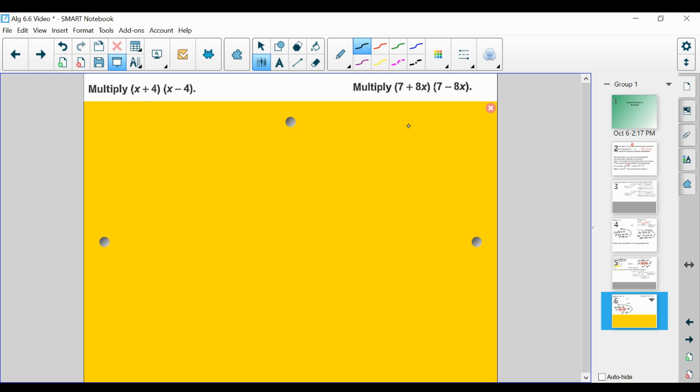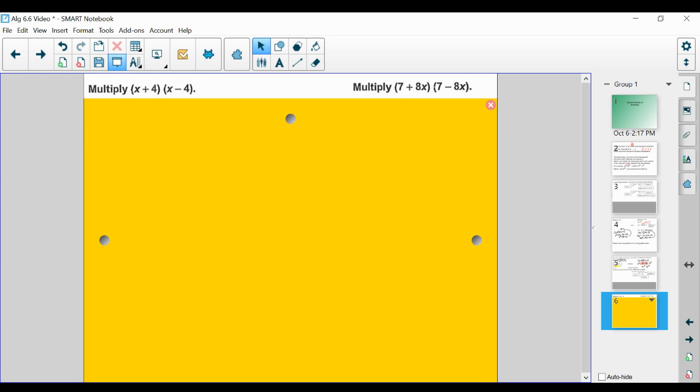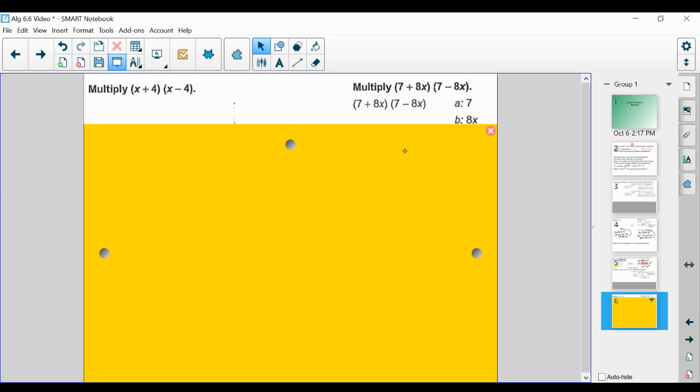Awesome. On the right-hand side of your guided notes, let's multiply 7 plus 8x and 7 minus 8x. Again, this is going to be a difference of squares because we have the same a term, it's 7. Technically the same b term of 8x. One of them is positive and one of them is negative. So we can use this method to identify our a, which is 7, that first part of the term.